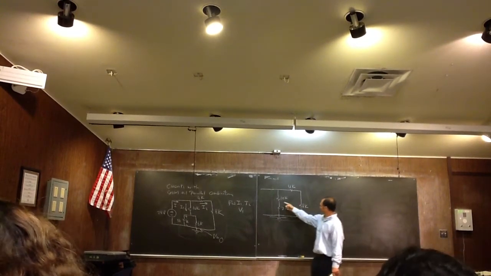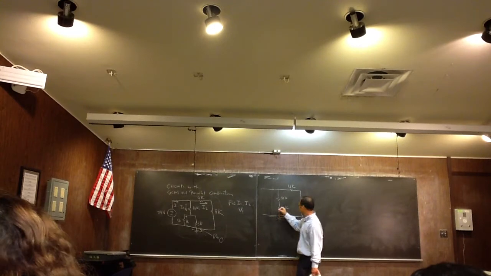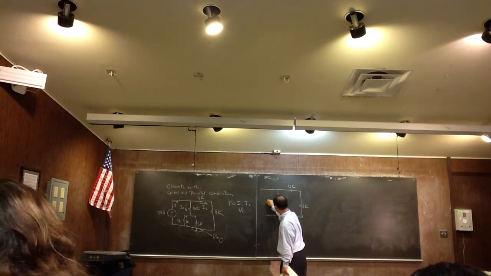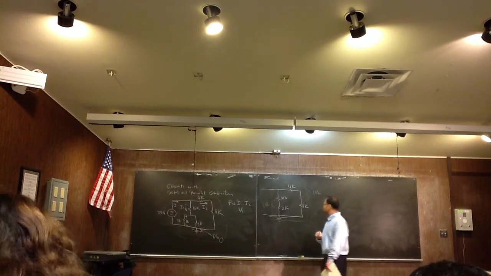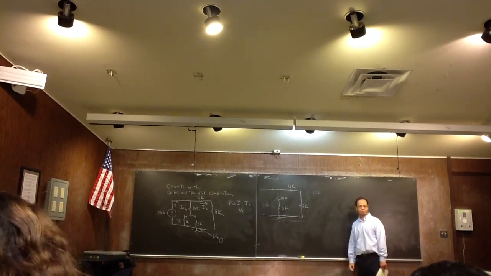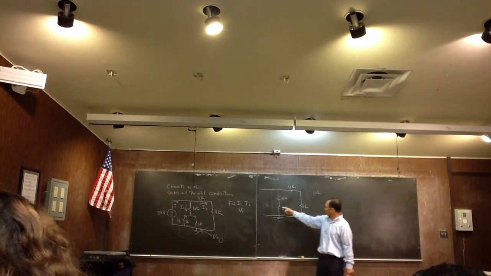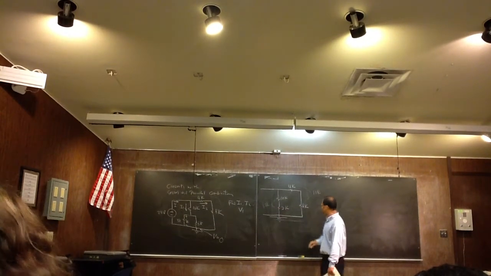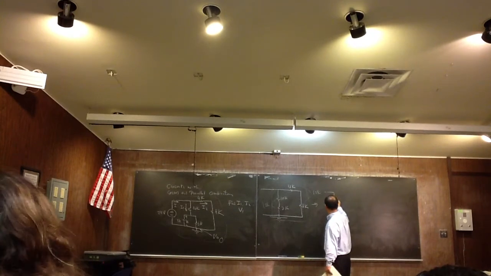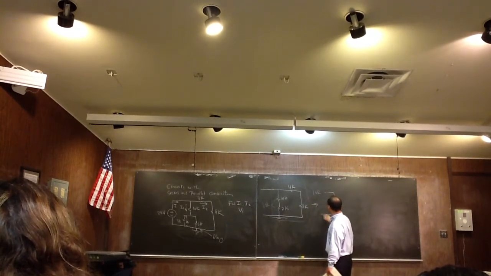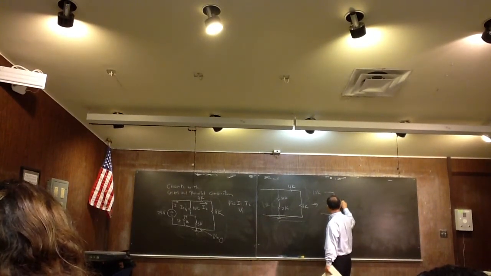Okay, now, these two are in series, right? So 12K. These two also in series, 12K. Yes? So 12K and 12K are in parallel, yes? So now you have a single resistance of 6K.